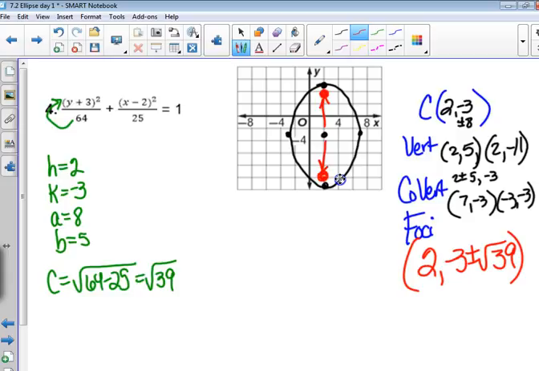Feel pretty comfortable with this, especially with the recipe in hand? On the sheet for one that goes up and down, it says the foci are at H, comma, K plus or minus C. To find what?